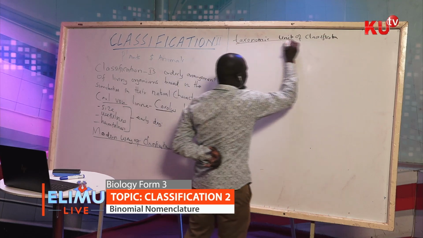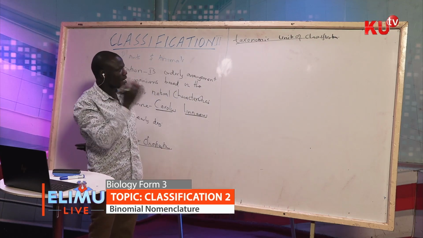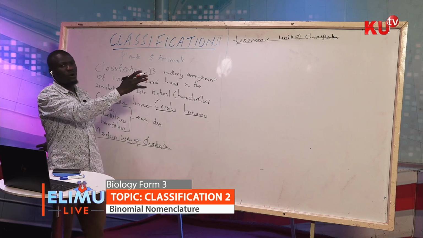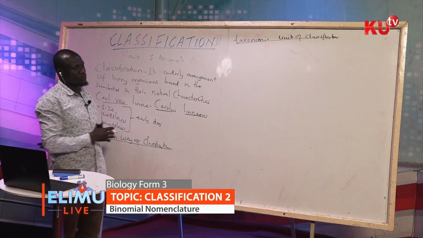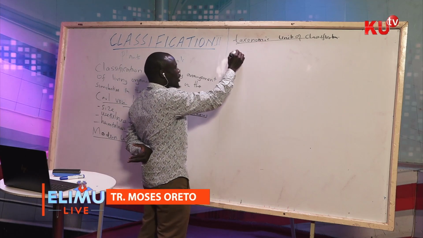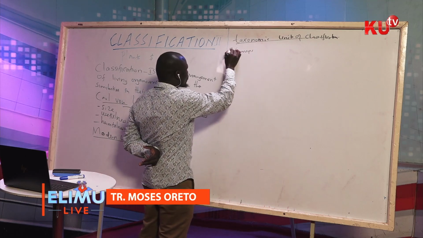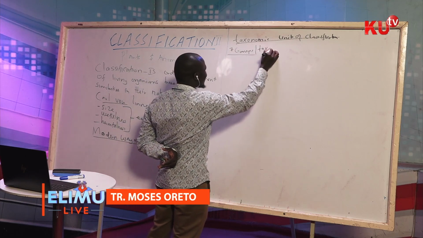The taxonomic units of classification that this person came up with, I'm just referring to the groups to which these organisms were placed. There were 7 groups, and you can call them groups, or somebody can refer to them as taxa.